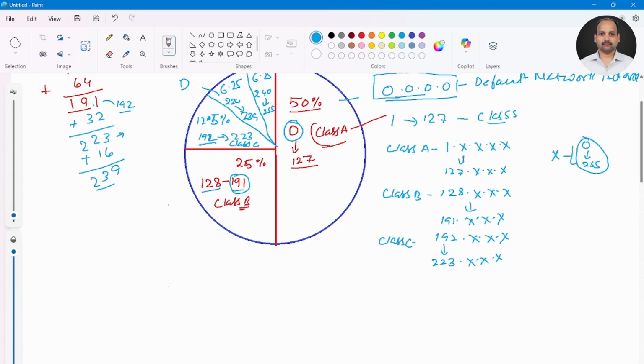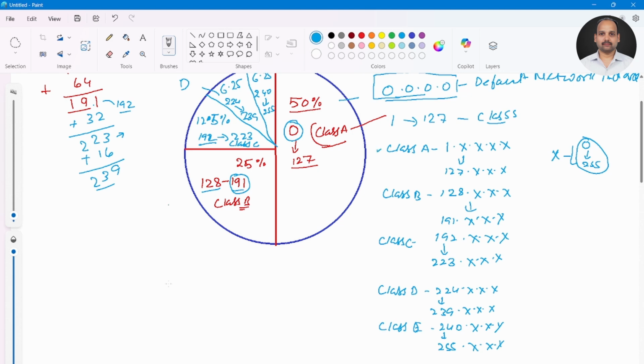This is class C. Class D will start from 224.x.x.x to 239.x.x.x. And class E starts from 240.x.x.x to 255.x.x.x. These are the classes of IP version 4.